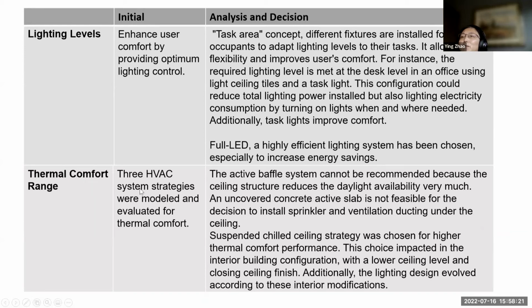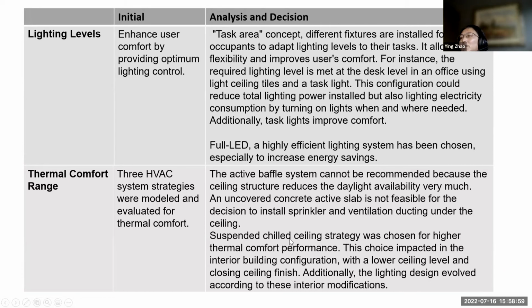For thermal comfort, they consider the air conditioning system to compare for better comfort. They compare some active baffle system and also active slab, which is a concrete slab. That means they run air conditioning inside the slab, so they call it active slab. And they have also a suspended chilled ceiling strategy.